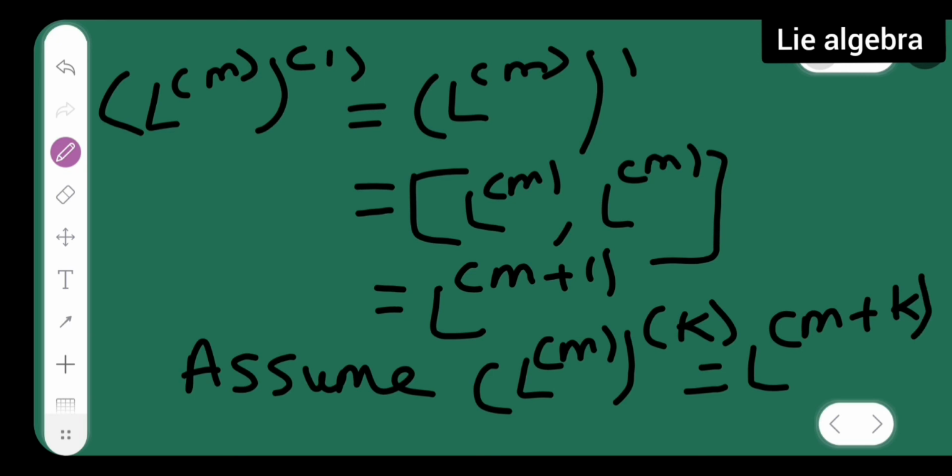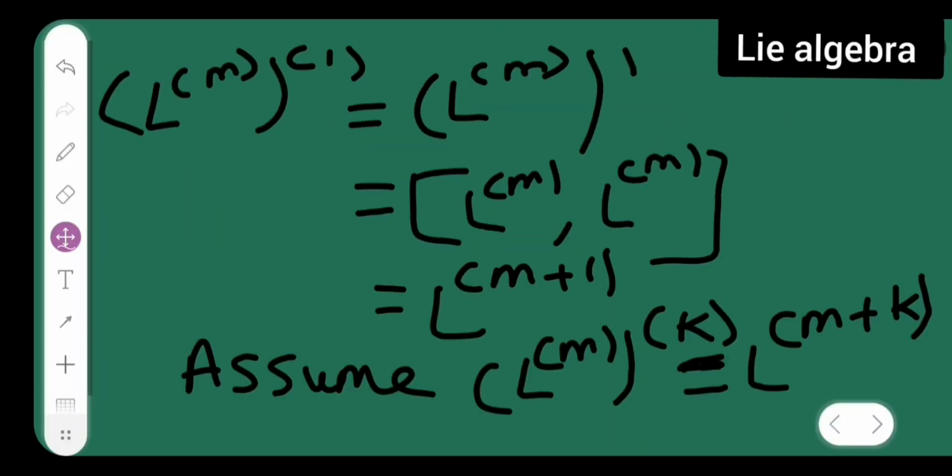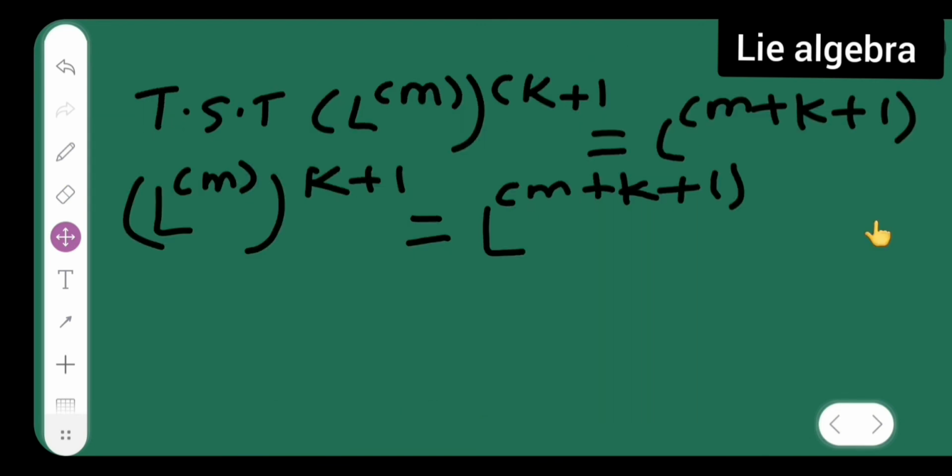So L raised to power of m, raised to power of k, is equal to this. Next, after this step, I move to this step. Now to show that L raised to power of m, raised to power of k plus 1, just put that bracket here properly, is equal to L raised to power of, in the bracket, m plus k plus 1.